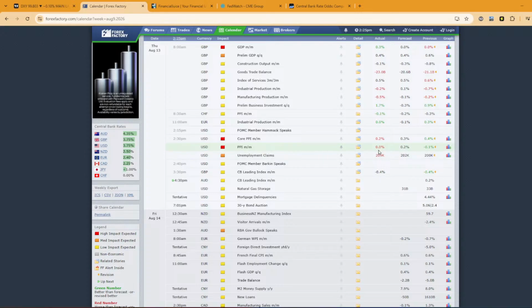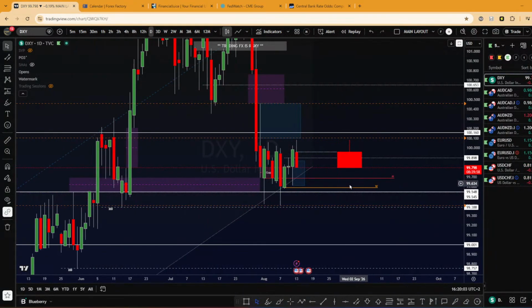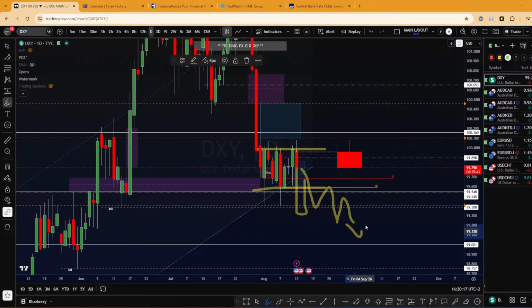The PPI data, I don't like this. It softens and weakens the dollar right now. So that's why we start to see some bearishness. But to be really bearish on the dollar, I really want to see a close below here, and then I will be happy to continue to short.